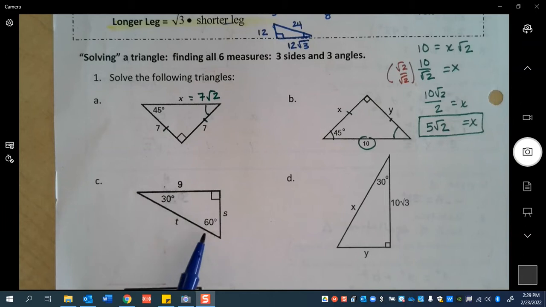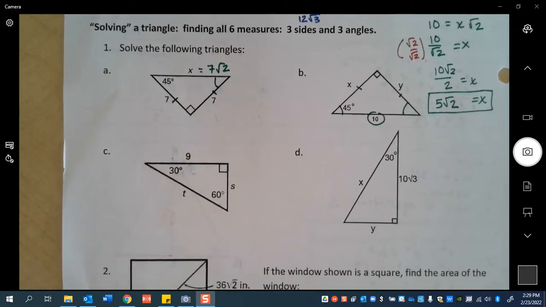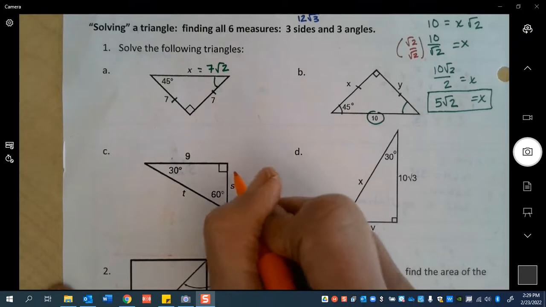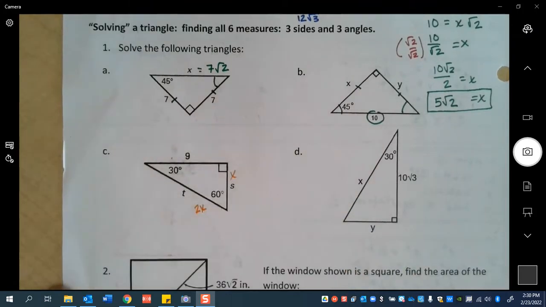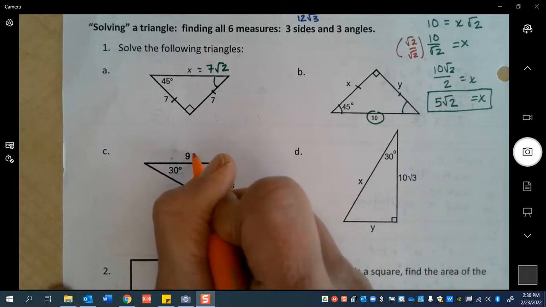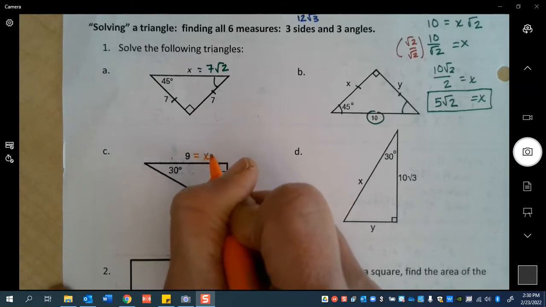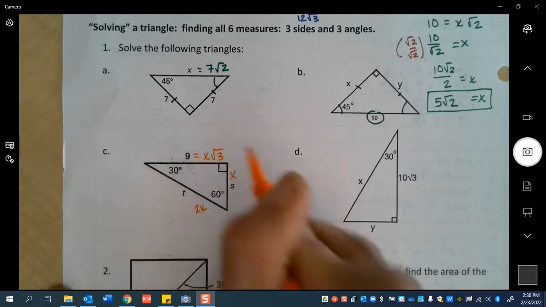I have a 30, 60, 90 right triangle, and 9 is my long leg. So let's talk about what we know. My short leg is x, my hypotenuse is 2x, and my long leg is equal to x times the square root of 3.